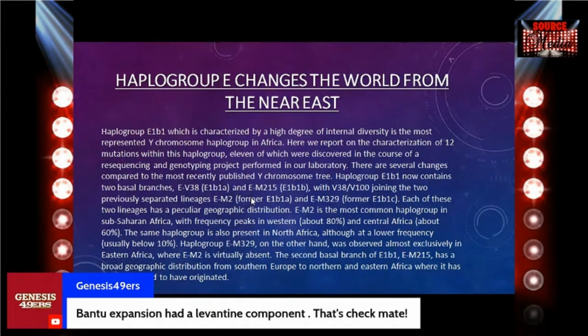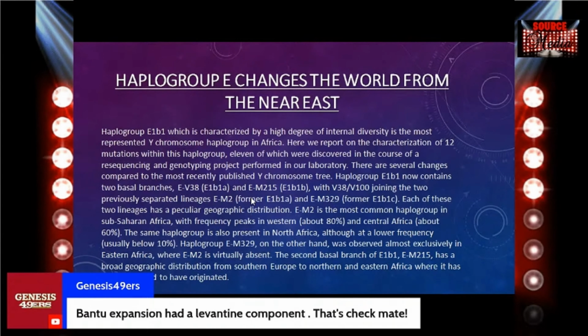Haplogroup EP2, which is characterized by a high degree of internal diversity, is the most representative Y chromosome in Africa. Here we report the characterization of 12 mutations within this haplogroup, 11 of which were discovered in the course of a resequencing and genotyping project performed in our laboratory. There are several changes compared to the most recent published Y chromosome tree.